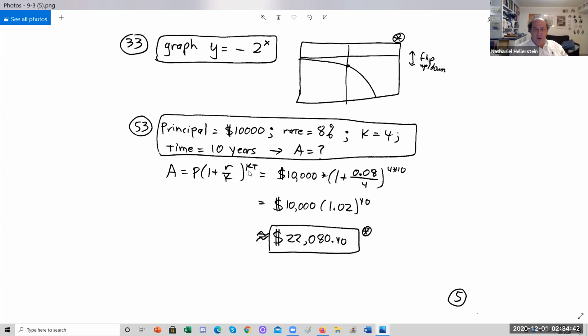P is $10,000, R is 0.08, K is 4, the power KT, which is 4 times 10. So that's 10,000 times 1.02 to the 40, which, run your calculator because it's the easiest way to do this, is about $22,080.40. More than doubling. In 10 years, 8% will more than double. Something worth knowing.